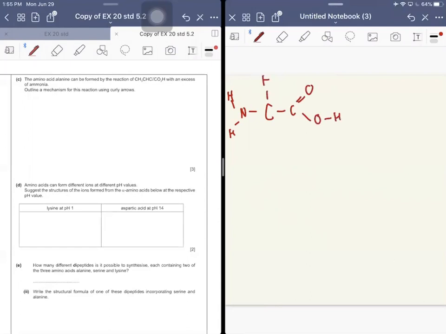If I look at the data booklet, no one is expecting you to memorize, lysine has an R group of (CH2)4NH2. So this is lysine.